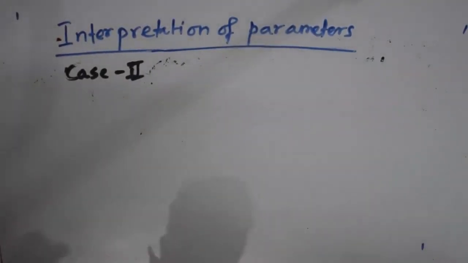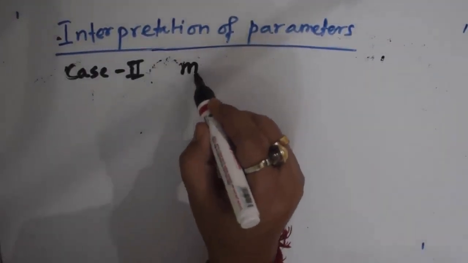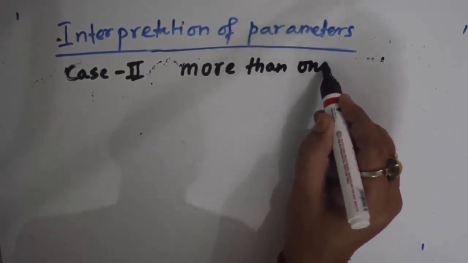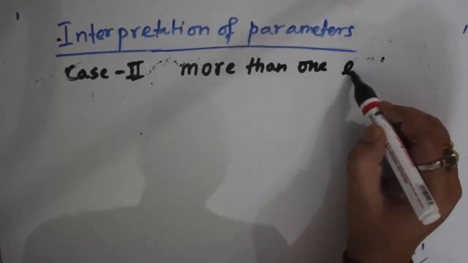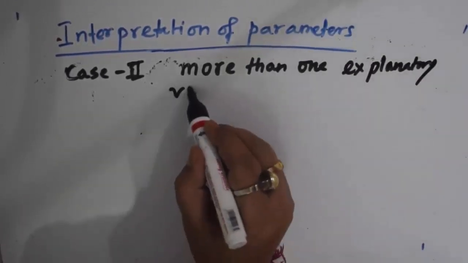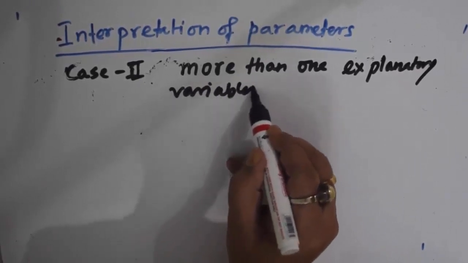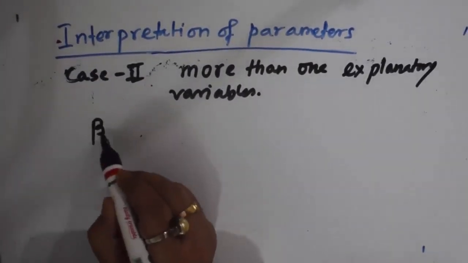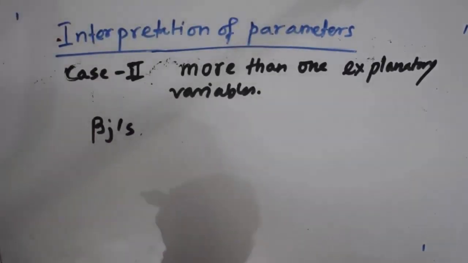When there are more than one explanatory variables, then the interpretation of beta j's is similar as in the case of single explanatory variable.